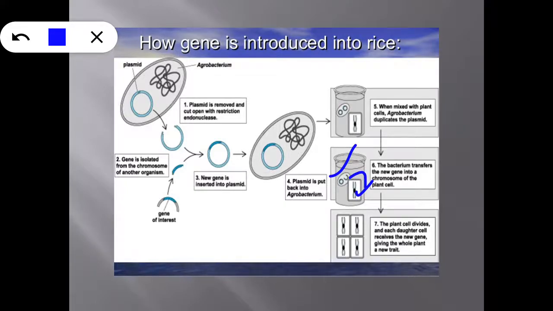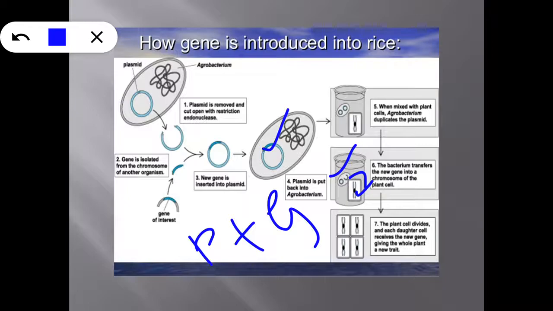So later what happens? After the infection, when the agrobacterium infects the plant cell, it starts multiplying inside the plant cell. While multiplying, it also multiplies its plasmid, or it inserts its DNA into the plant DNA, so that multiplication of the plasmid DNA along with the plant DNA occurs.